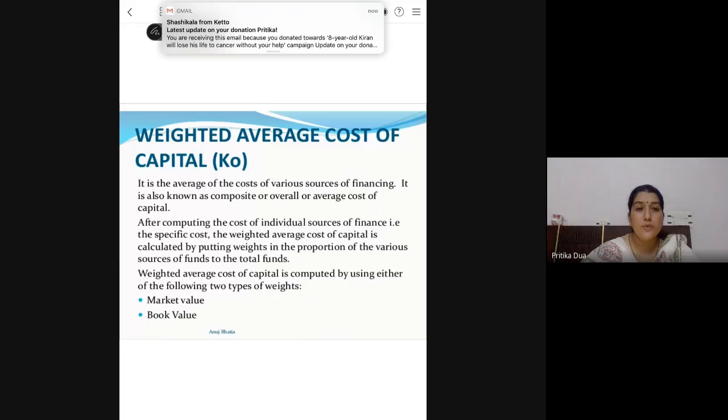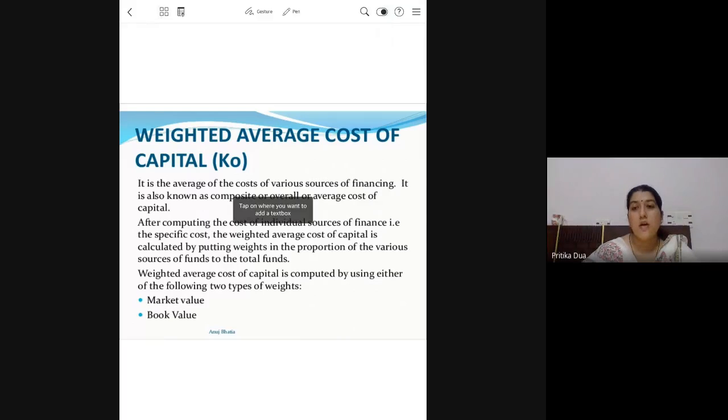Now we move to the next concept, which is the calculation of the overall cost of capital of the firm. Okay, so now when a firm is using multiple sources of financing, how do we calculate the overall cost of capital of the firm? For that, we use the concept of weighted average.